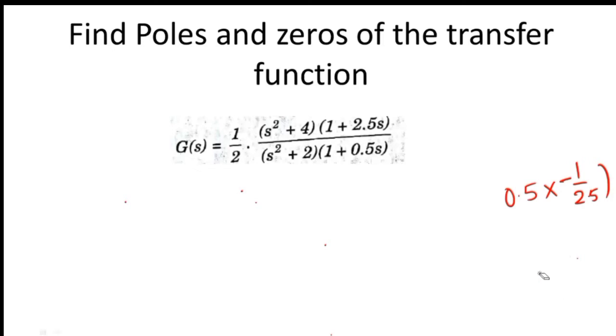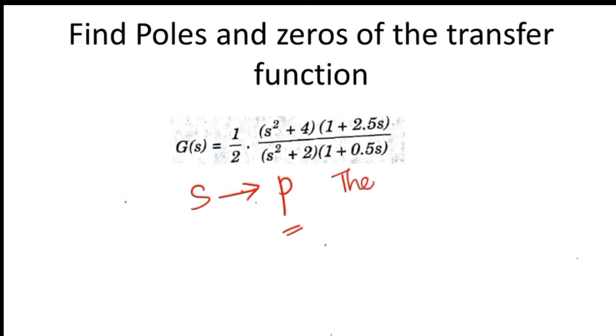So, there exist some values of s, tending to p, where if s value is equal to this p, then G of s value will become infinite. Those values of s are known as poles. Okay. Now let us see what the poles of this transfer function are.